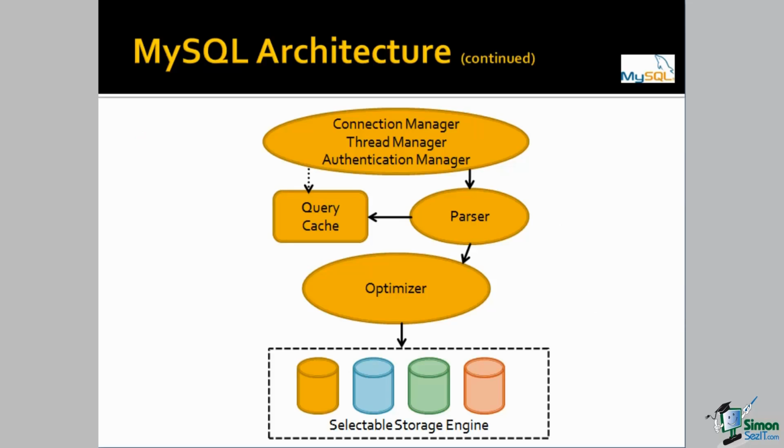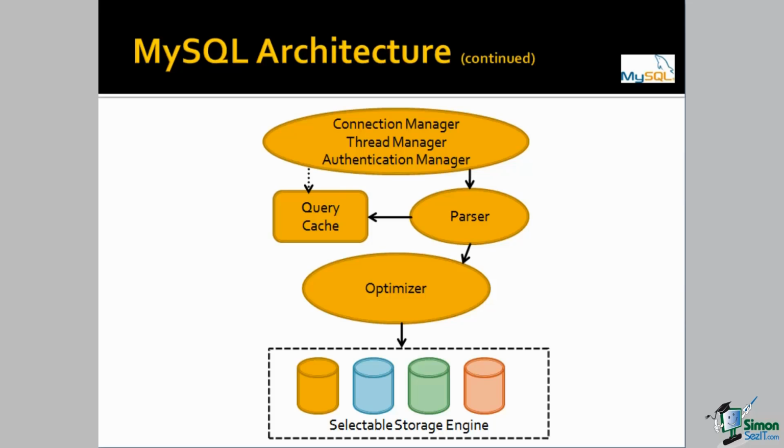To begin our examination of the MySQL architecture, we're going to take a bird's eye view, a very high-level view of the categories within which the different components of the architecture reside. And that first category contains the connection and authentication manager, as well as the thread manager.